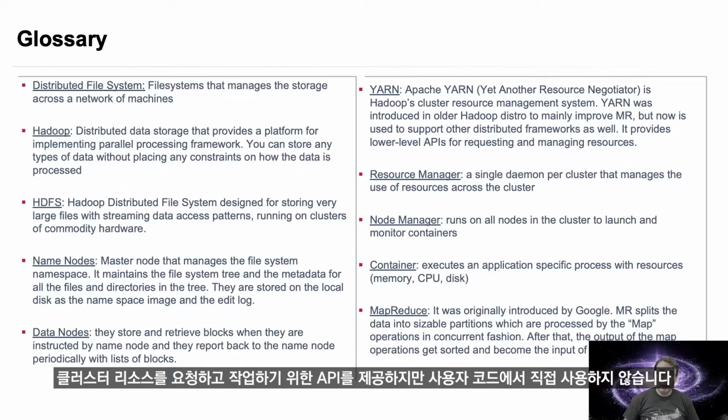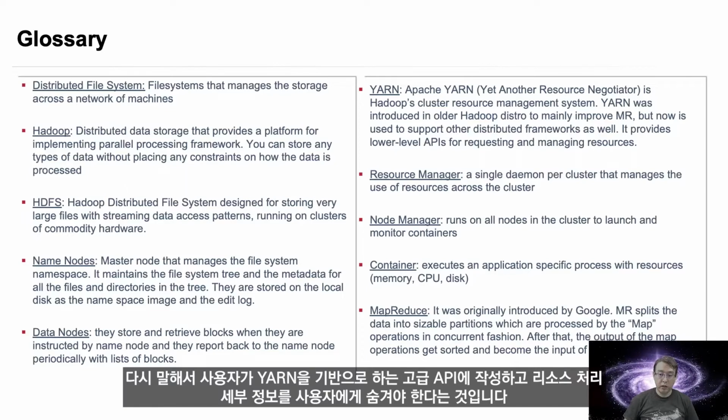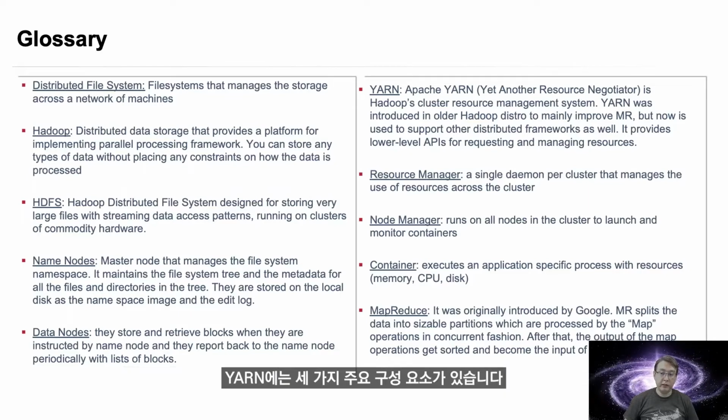It provides APIs for requesting and working with cluster resources, but they're not used directly by the user code. What I mean by this is users need to write to high-level APIs that are built on Yarn and make the resource handling details hidden from users.